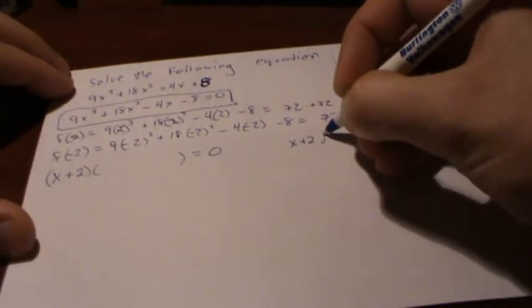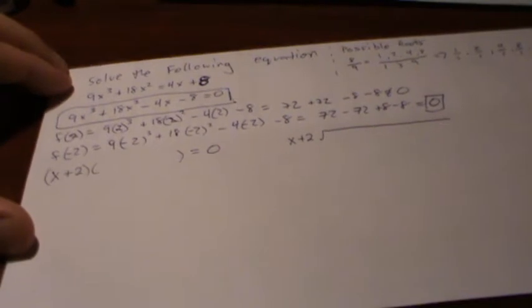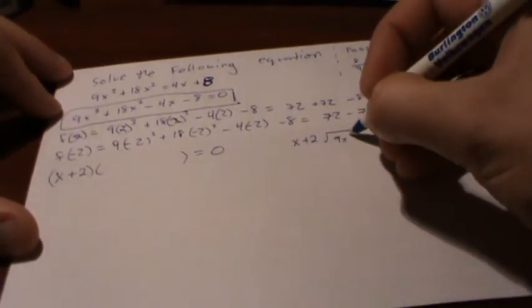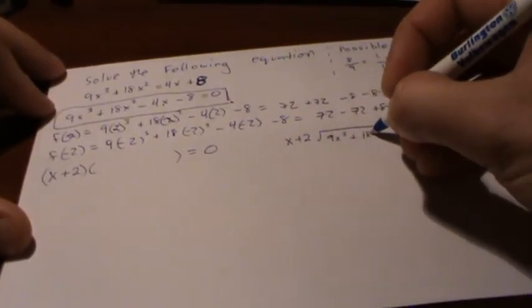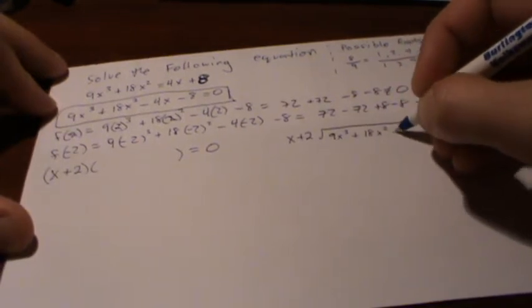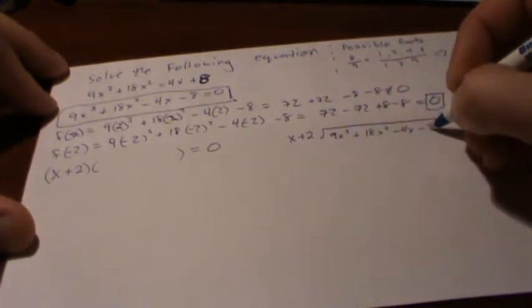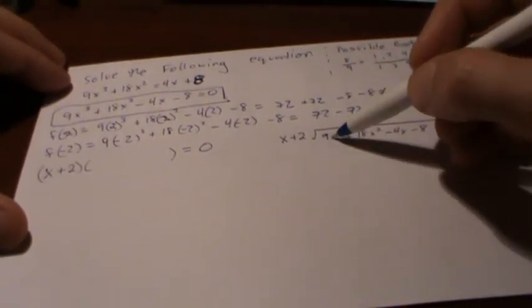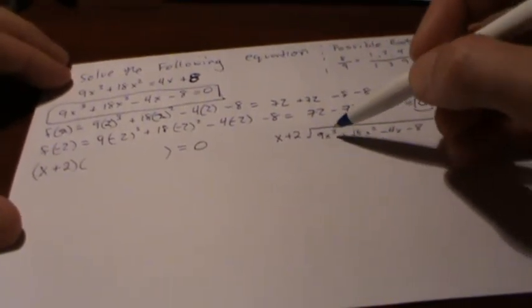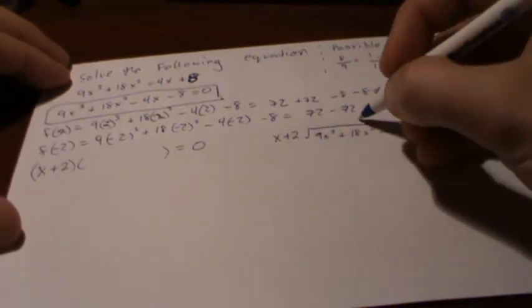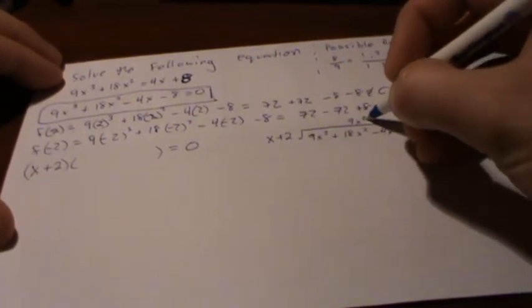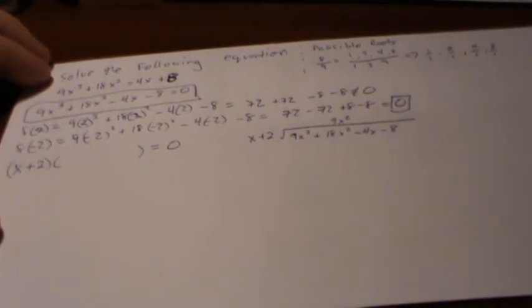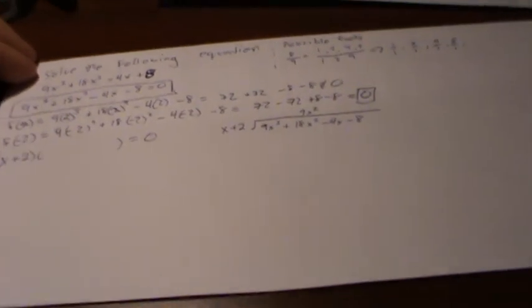So x plus 2, and then I'll get 9x to the third plus 18x squared minus 4x minus 8. And so what do I multiply here to get an x? I'm going to multiply by a 9x squared. Let me zoom in on this little guy here a little bit.